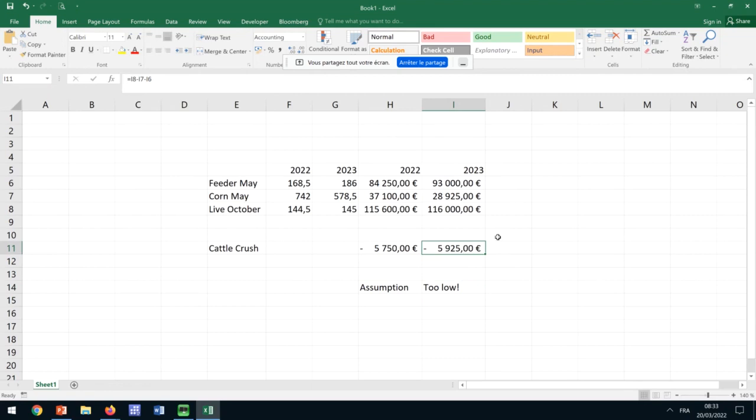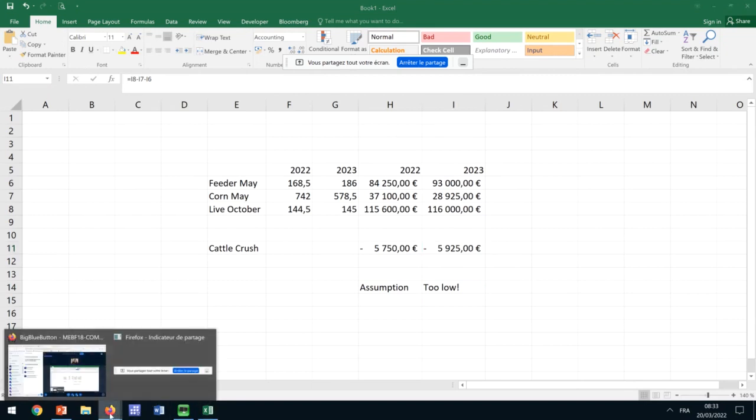We think that's too negative. Farmers cannot be working profitably at this kind of negative cattle crush rates. So something must happen. Either the corn prices adjust, or the feeder cattle adjust, or the live cattle adjust. Something must happen.